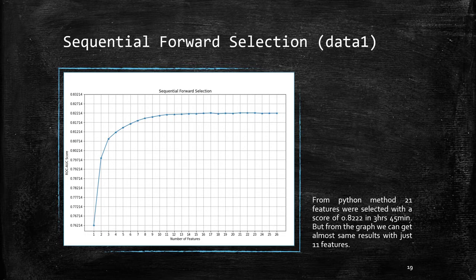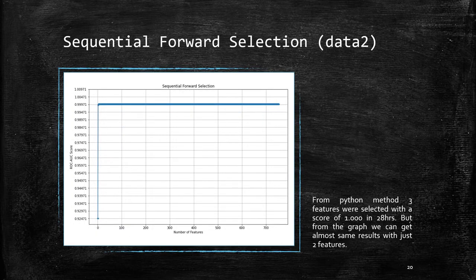So that is what we have seen from all the graphs that I would show in future slides also. So the baseline is that we can get the same performance with even fewer features.